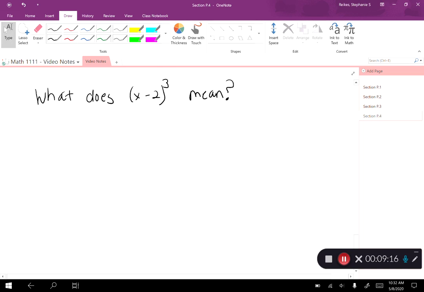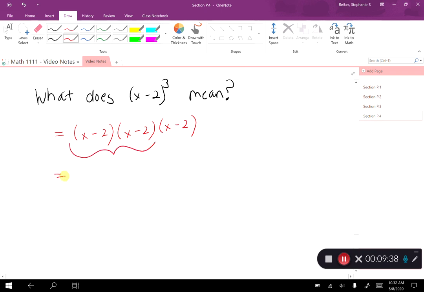So, what does (x minus 2) cubed mean? Something cubed means I write the base 3 times. So this is going to be equal to (x minus 2) times (x minus 2) times (x minus 2). Now, of course, we can only multiply two things at a time, going from left to right. So let's look at the first two.